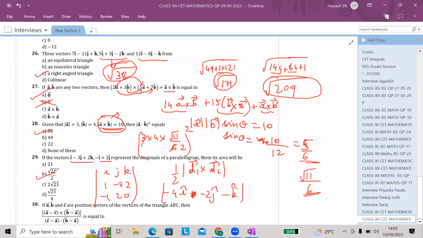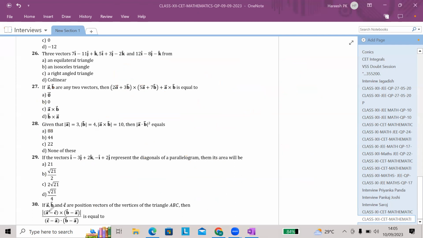And now the last question. Just distribute this. A cross A is anyway 0.